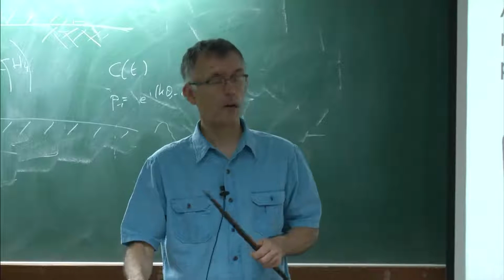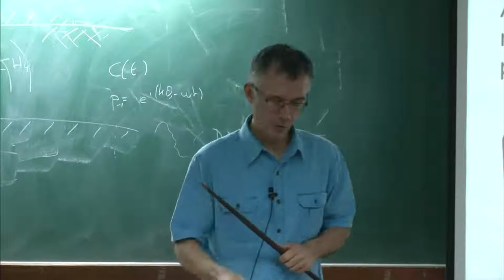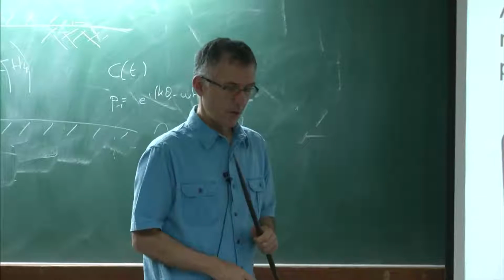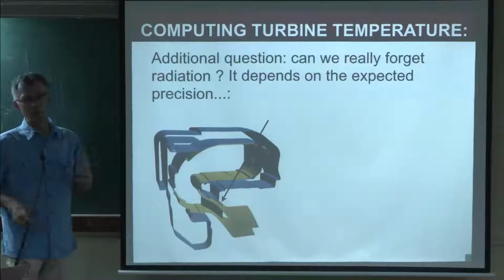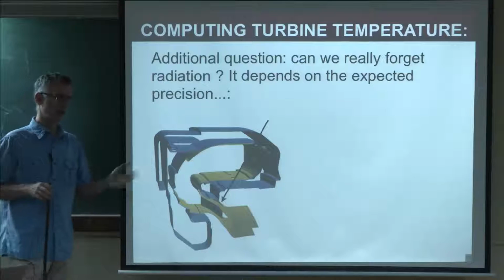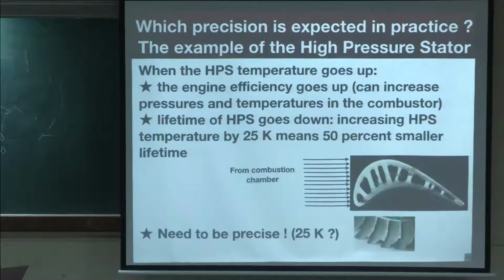Yeah, they're good enough for, well, they're never good enough. That's a good compromise. We use wall laws for that. So radiation, we know that the temperature here is pretty high, and so a big problem for people doing combustion is, should we neglect radiation or not? Well, I'm going to show you that it depends what you want to do, but in many cases, you should take radiation into account. And radiation is a pain.